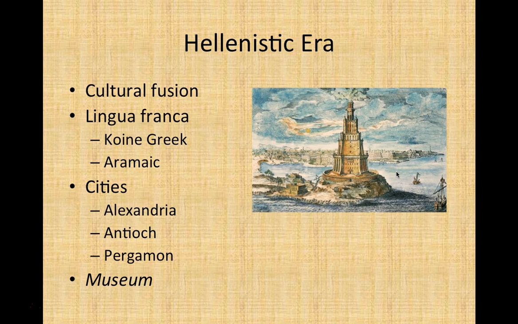Now, did the museum produce? In fact, it did. A lot of great works of the ancient world were produced at the museum. To give a couple of examples, Euclid, whose name you may know, was the original founder of the discipline of geometry. He did much of his work at the Museum of Alexandria.